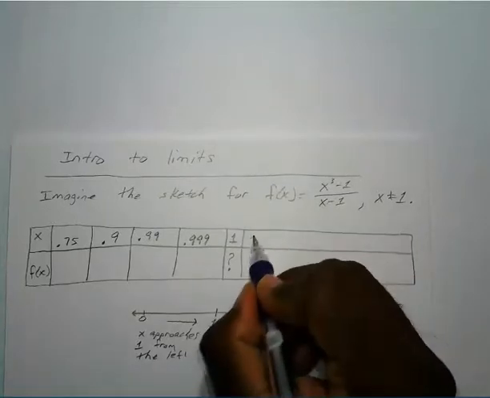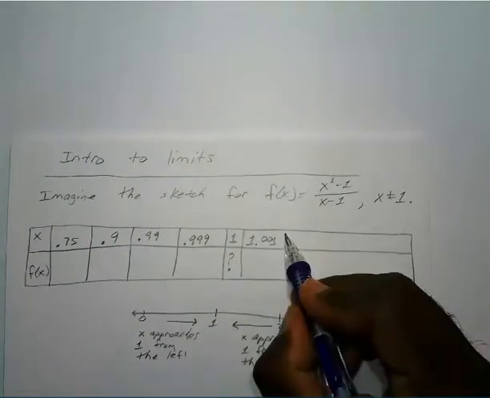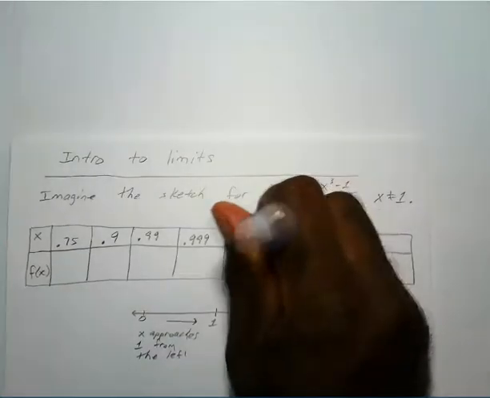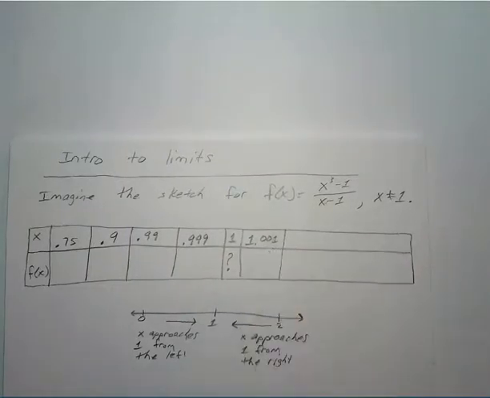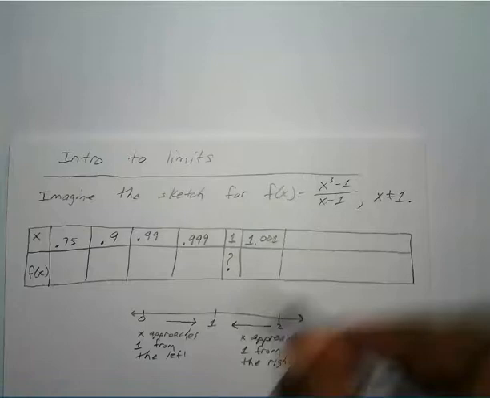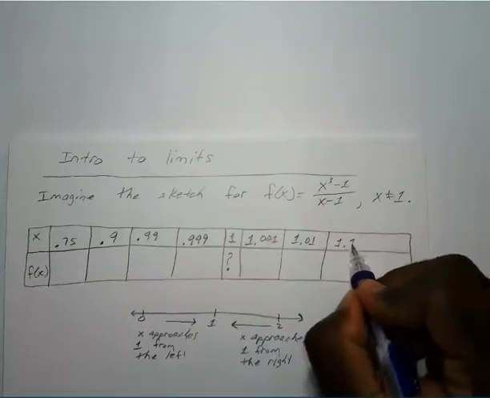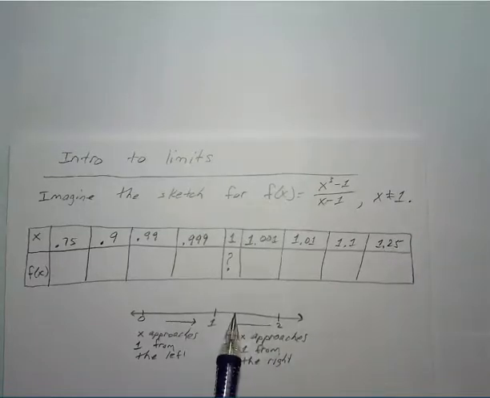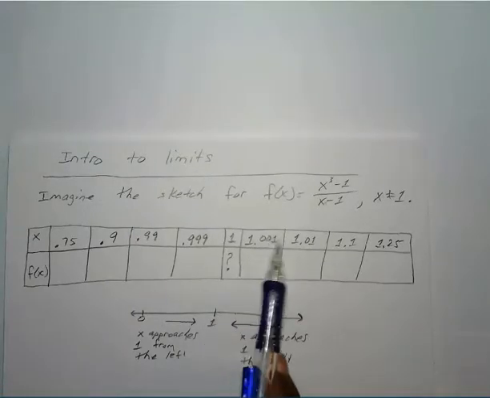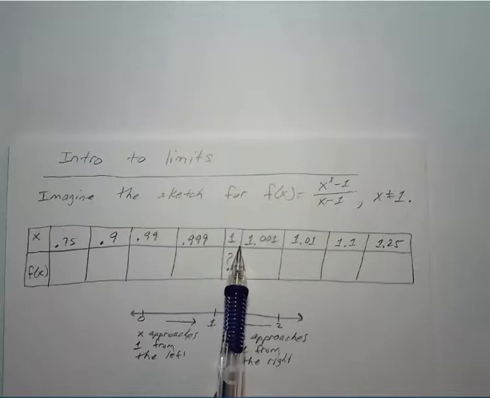We'll go 1.25, 1.1, 1.01, 1.001, and you can go 1.000001 and keep adding zeros and then a 1. It'll get closer and closer to 1 without actually equaling 1.